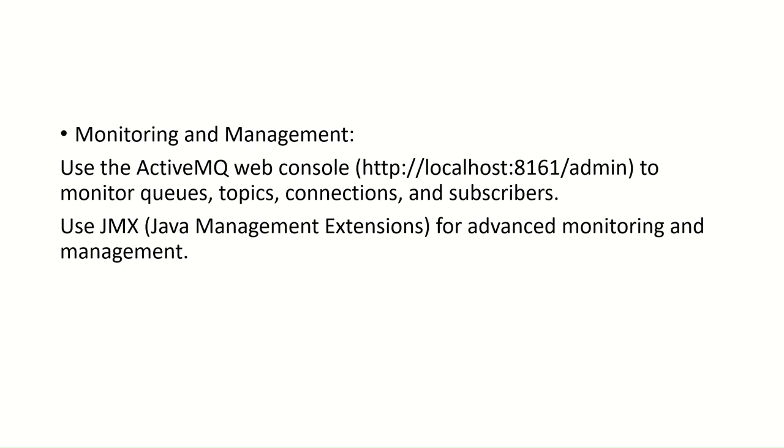You can monitor queues, topics, connections, and subscribers. Everything is there. I will show you when we are doing the installation. So for monitoring purposes, you can use this URL.